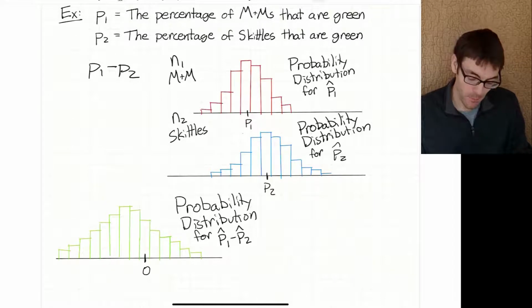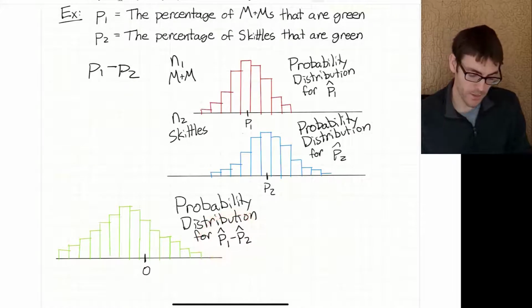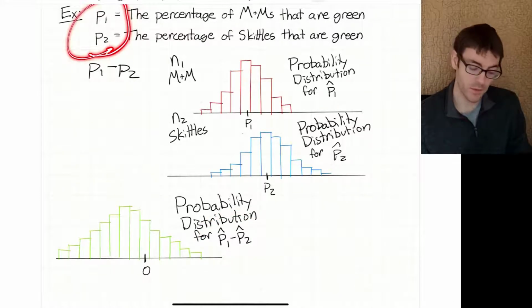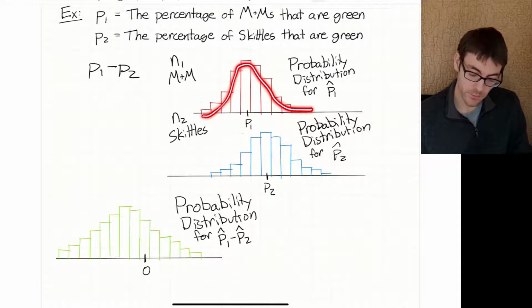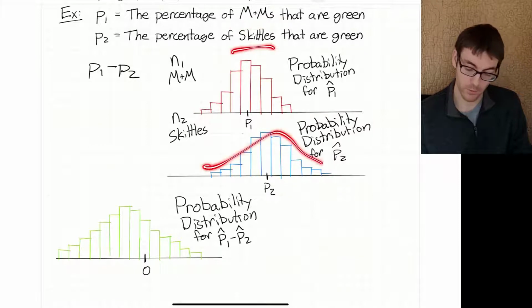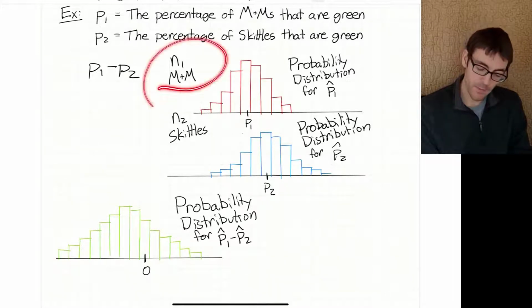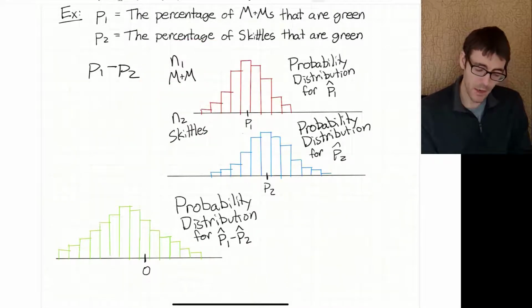So we can think about this probability distribution for this P1 hat minus P2 hat quantity. Assuming that we understand P1 and P2, we can find the probability distribution for a single sample from the M&M group or from the Skittle group. But then we can also think about the probability distribution if we were to take a sample from each and then do this calculation, P1 hat minus P2 hat.